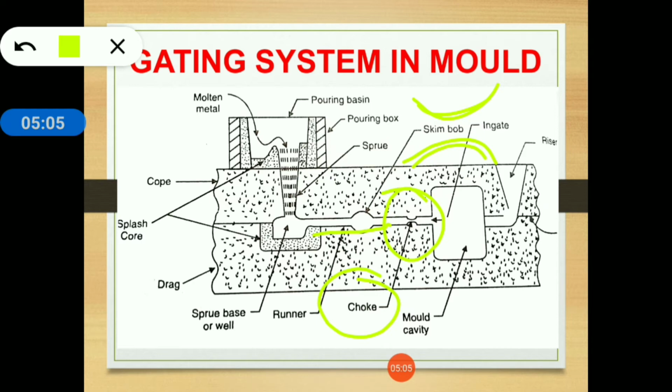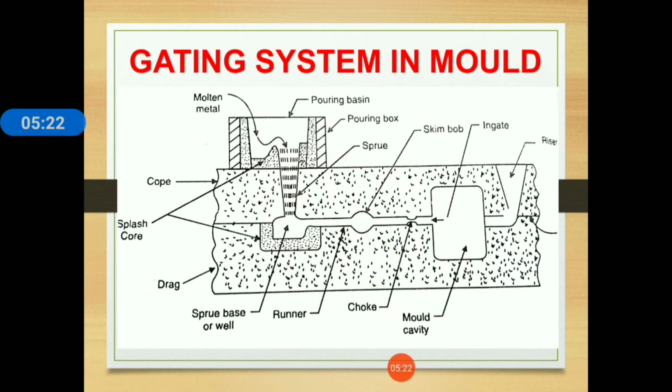So, if any impurities are available after passing through the sprue base or skim bob, they will not directly enter the cavity because very little space is available, and due to this very pure metal will enter the gate and ultimately the casting cavity.